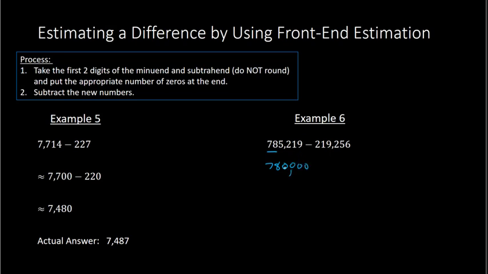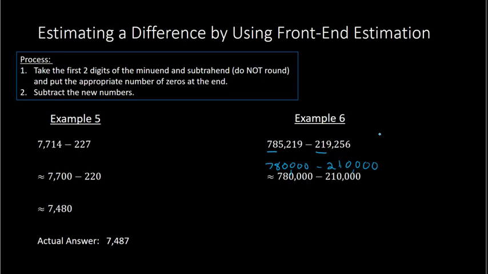So it's going to be 780,000. And then the second number, we take the first two digits, so the 2 and the 1, then follow that with zeros. So we're going to have 4 zeros after, so that's going to be 210,000.